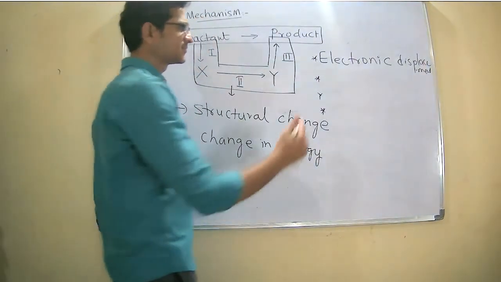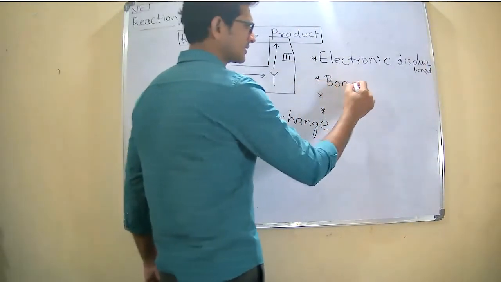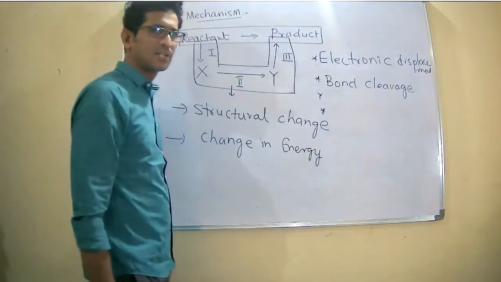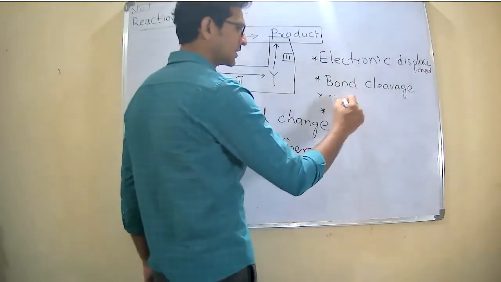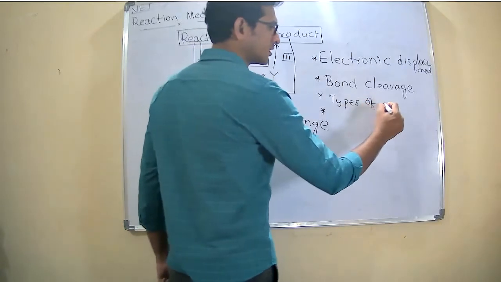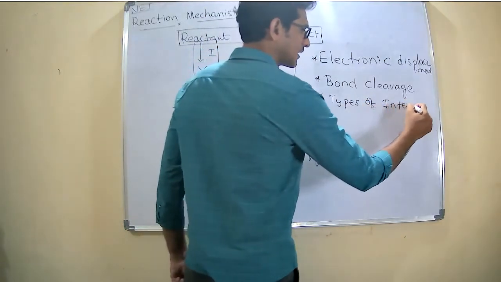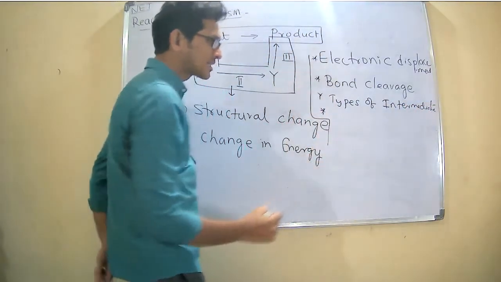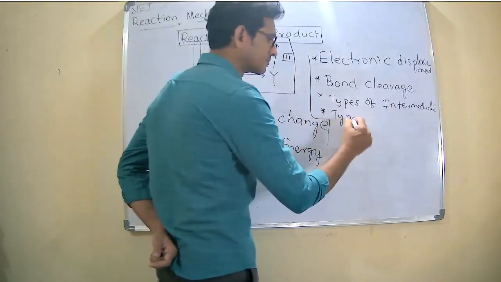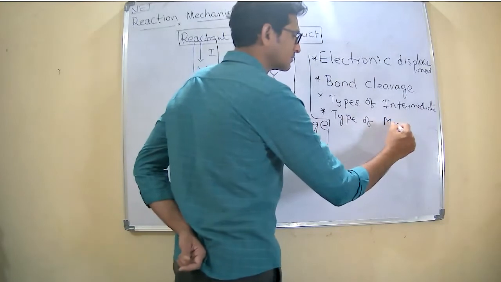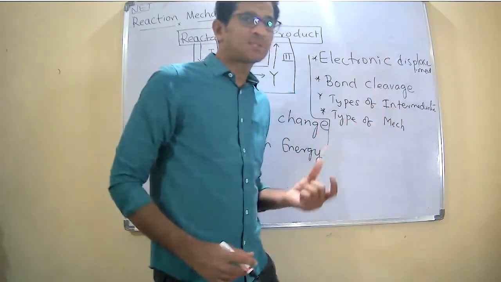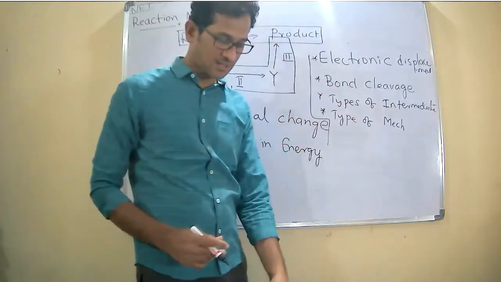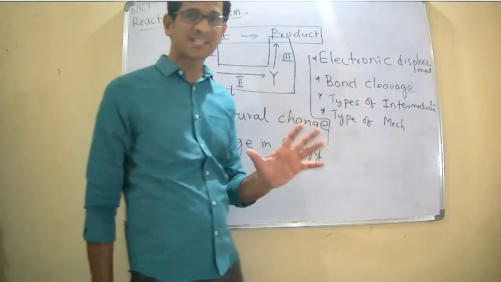The second one is bond cleavage. The third one is types of intermediate, and the last one is type of mechanism. These are the observations we have to make while we are studying a reaction mechanism.